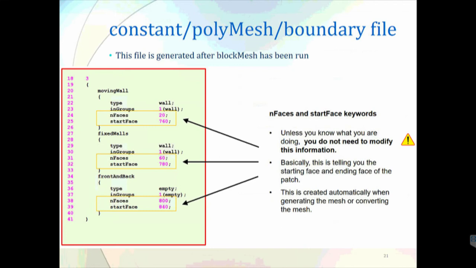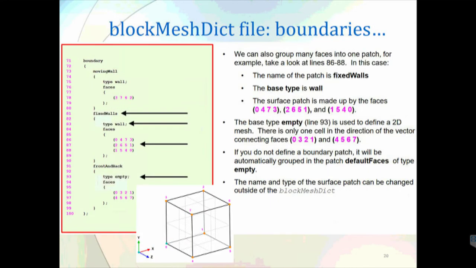Okay, this is the boundary file that I talked about. Inside the mesh there is a boundary file, but this file is generated automatically. So whenever you open your case folder and you see a boundary file, you don't need to modify that. So remember this: the boundary conditions are not described in the boundary file. The boundary conditions are described in the previous file which we discussed, which is the blockMesh dictionary.